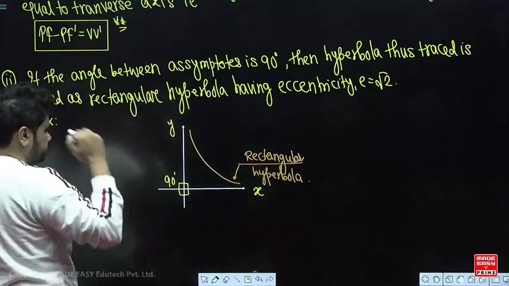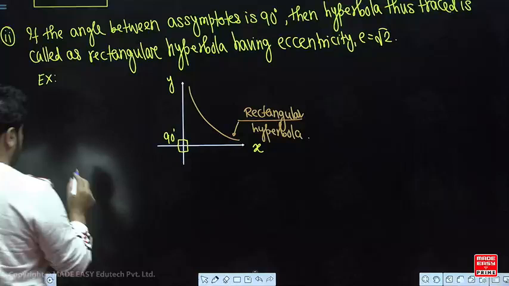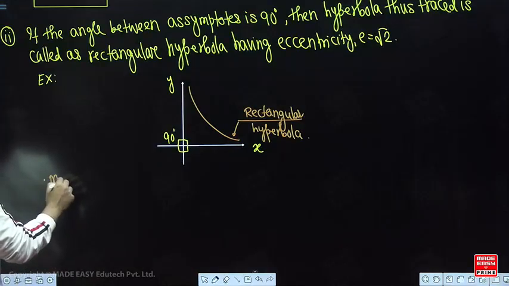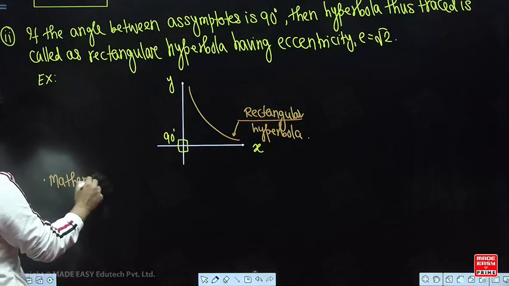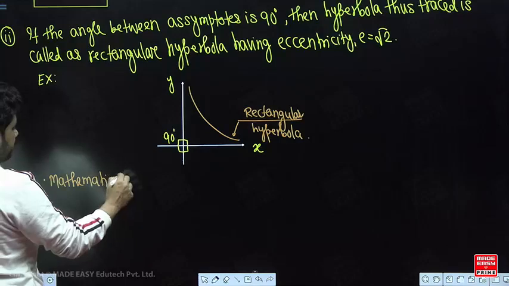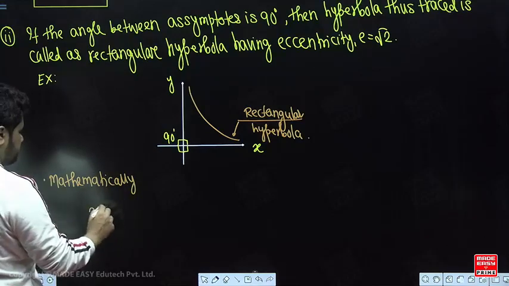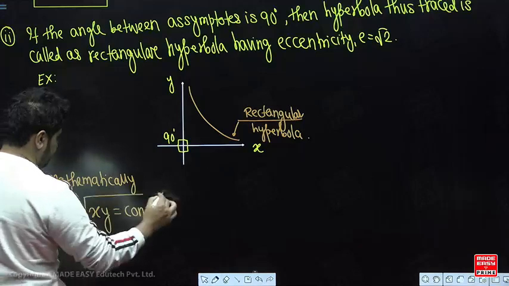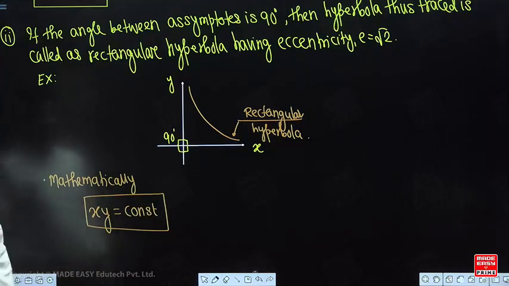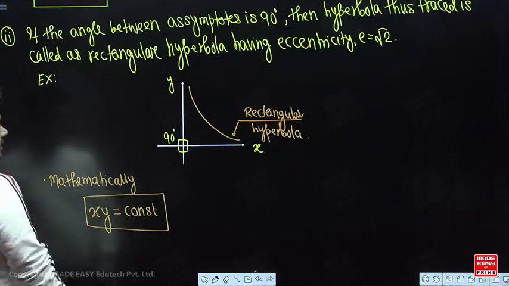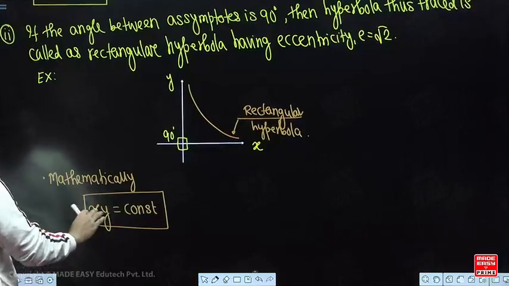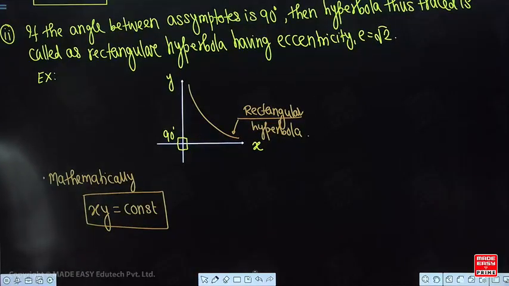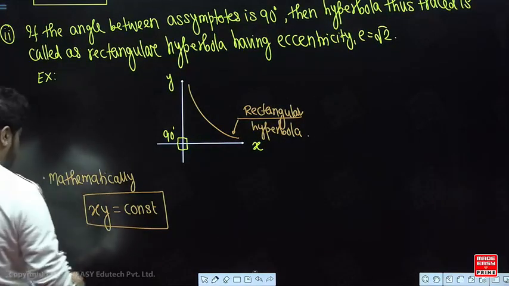Now, the mathematical equation of any rectangular hyperbola is x into y is equal to constant. So, if any curve follows x into y is equal to constant, it is your rectangular hyperbola.